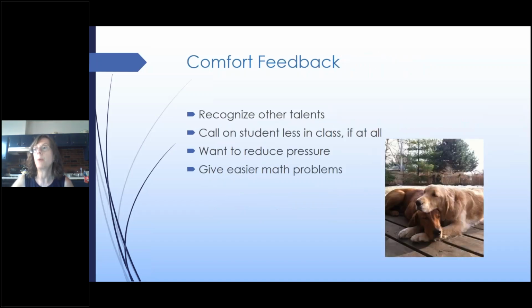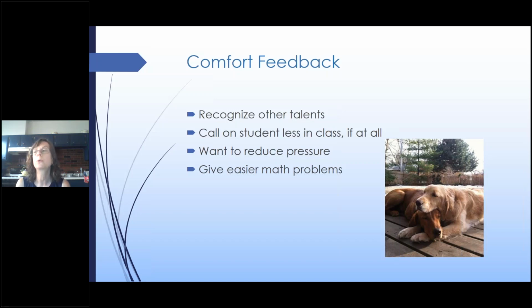So the way this study went is that the students were given one of 3 different forms of feedback. So one type of feedback they were given was comfort feedback. And in the email the student received, providing this comfort feedback, the instructor recognized that the student has other talents that made up for their lack of math ability.